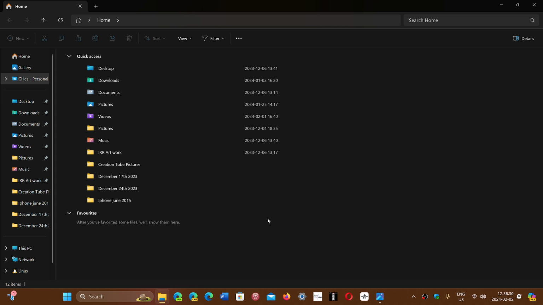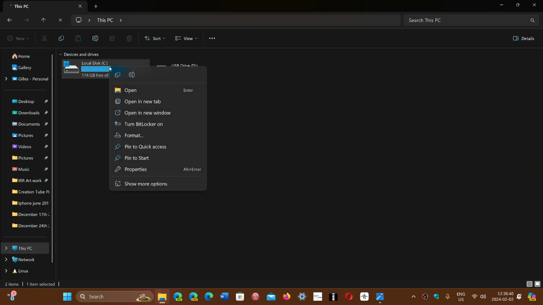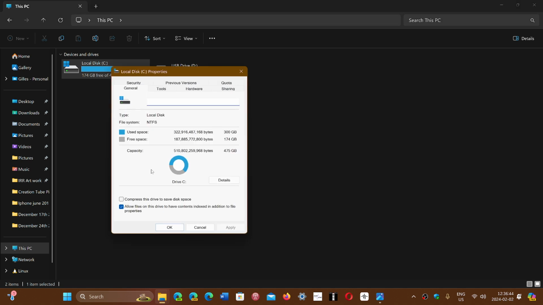But what's the difference between FAT, FAT32, exFAT, and NTFS when we quickly look at file systems? If you right-click on your hard drive and go into the properties, you will see that it tells you the file system in your local disk. In most Windows machines, NTFS is what's being used today.